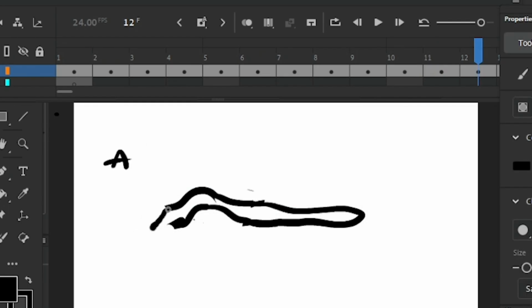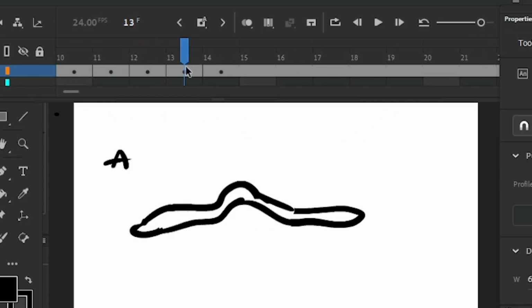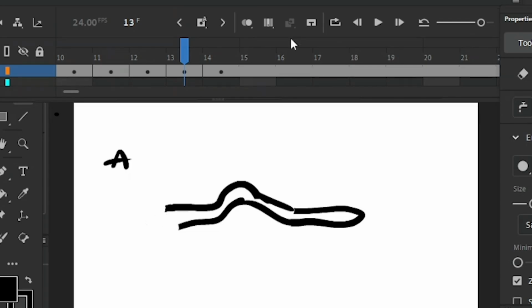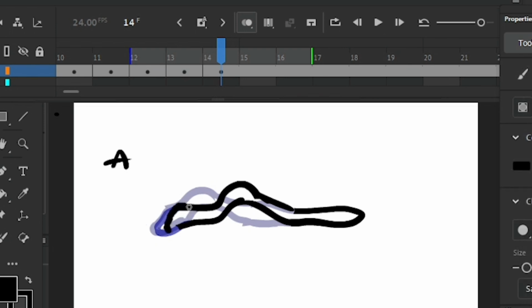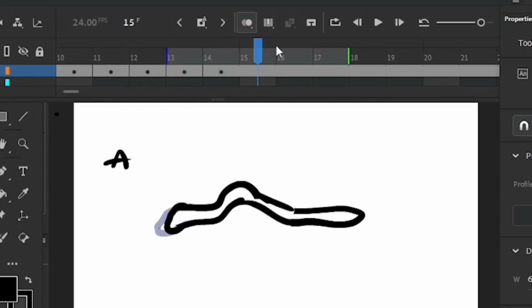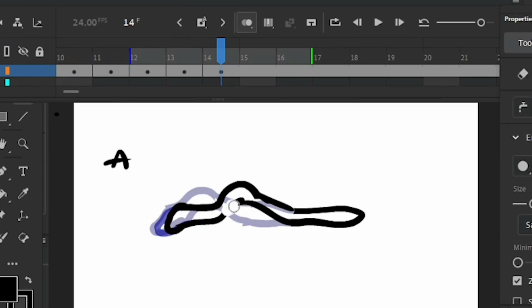This backside is supposed to move, so it's supposed to add something here. And it's supposed to move as well. So on this keyframe, we go again.